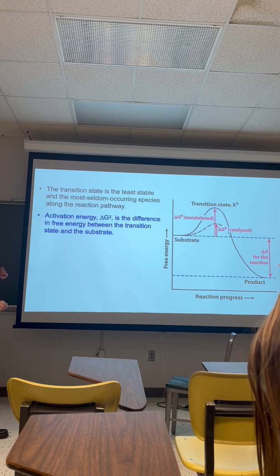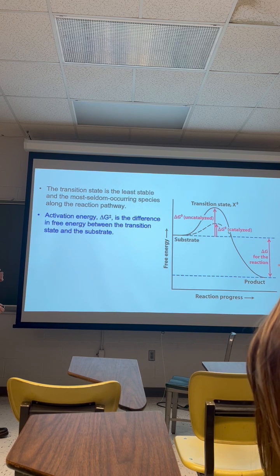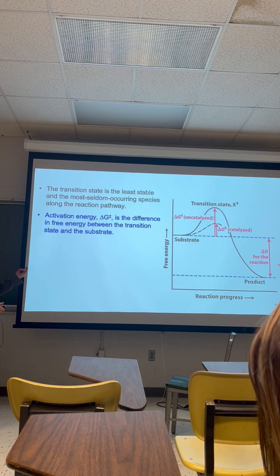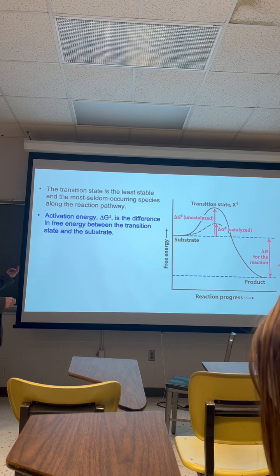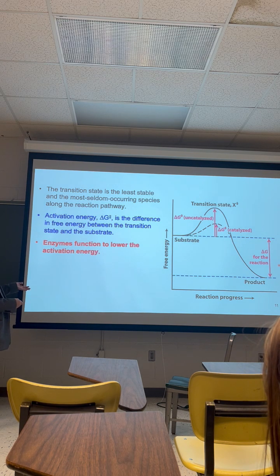What is the difference between this energy of the transition state and the substrate? It is called activation energy. So enzymes are decreasing the activation energy. They are decreasing that hill that the substrate has to climb over.